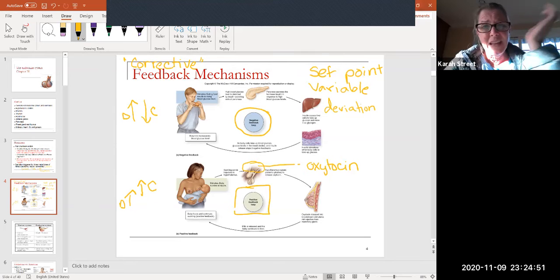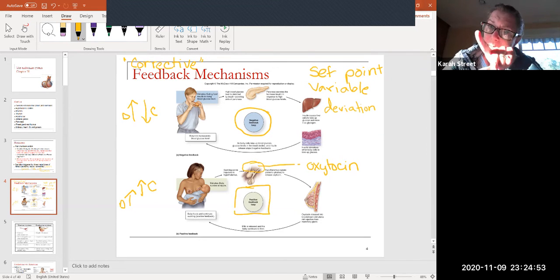Now, that doesn't sound too bad, does it? But were you paying attention when I said that a hormone can have many different targets? Oxytocin, you just heard me say, stimulates uterine contractions and stimulates the breast glands to contract. When you're breastfeeding at home and the baby starts suckling and this oxytocin starts being released, do you think it only goes to your breasts at that point? Nope.